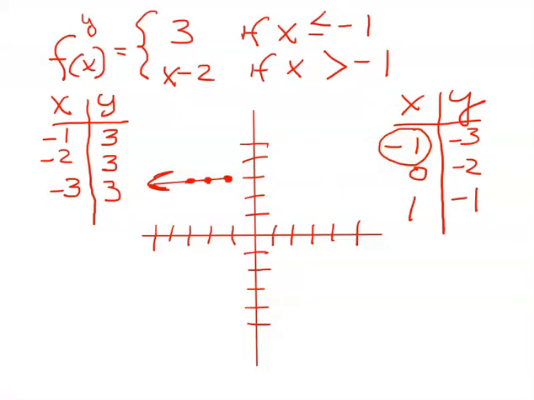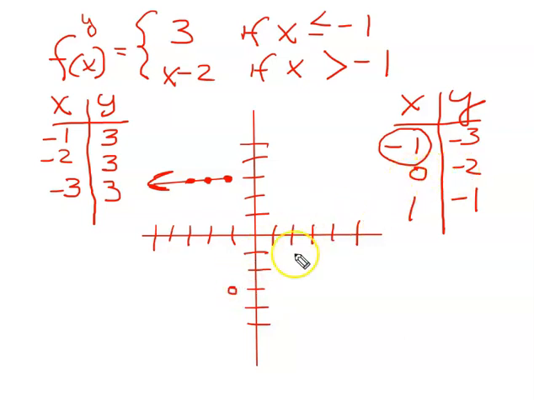So as we go to plot this, so -1, -3, we're going to put a hollow because that point is where it sort of anchors it, but it's not included.